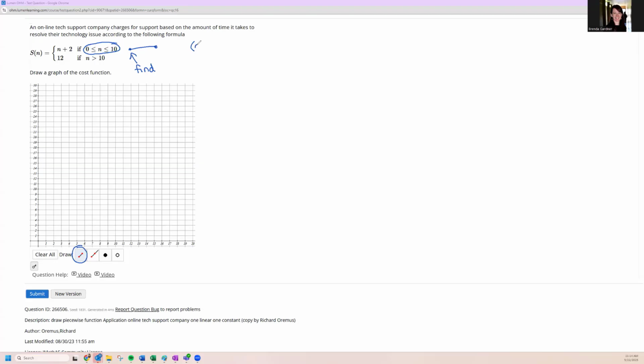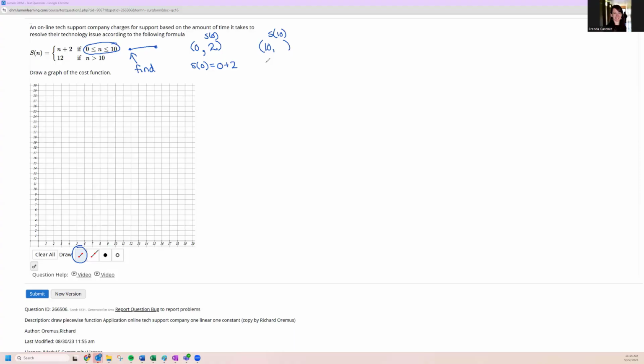So I'm going to use 0 for my n and 10 and calculate what s of 0 and s of 10 is. So s of 0, if I plug in 0, I'm going to get 0 plus 2 or 2. So I have the ordered pair (0, 2).